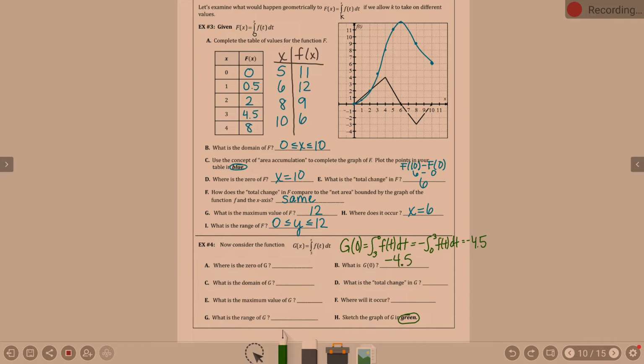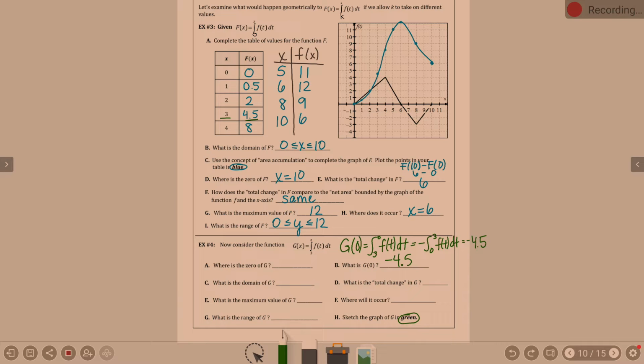So one of the properties we're going to learn, and I think it comes up in lesson 6.4 as an official property, is that you can flip the values on the integral by putting a negative out front. And so the negative integral from 0 to 3, well, if you go back up here, we did the integral from 0 to 3 and got 4.5, right? And with that in mind, this is a negative of it, so g of 0 is negative 4.5.